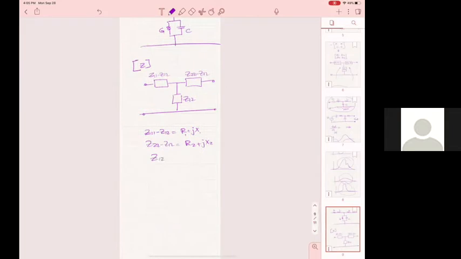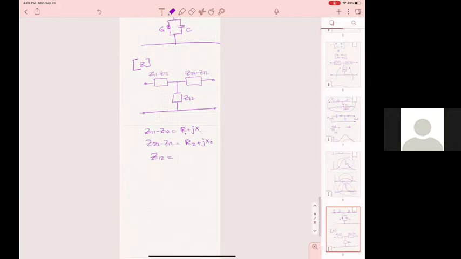And Z12 is going to have a real and an imaginary part, but the best way to show it is in terms of 1/Z12, which is Y12, which is going to have a real plus an imaginary part.